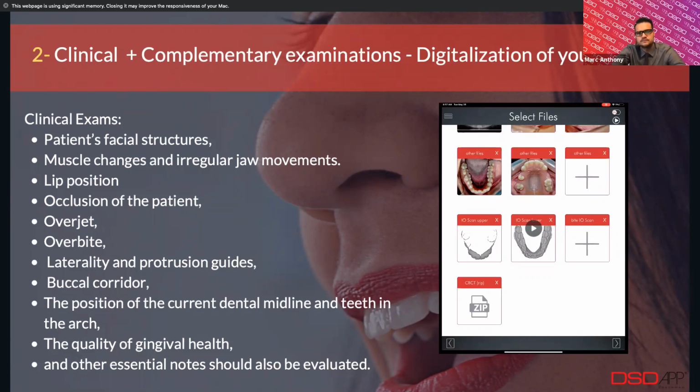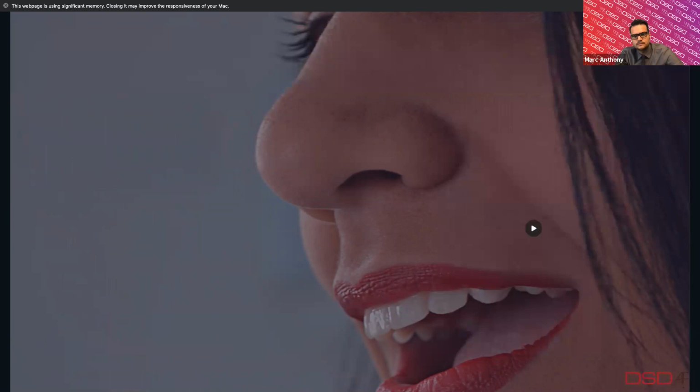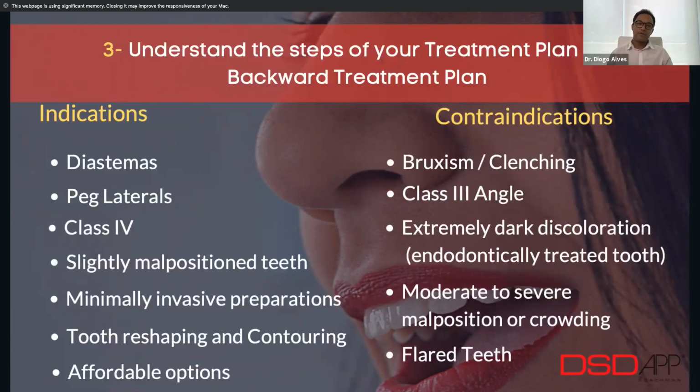Of course, we have the indications for the injectable composite veneers, and we have the contraindications. I want you to think with me on that, so you can give the patient something that will last for months or years until they decide to go for the next step, which is the porcelain material.